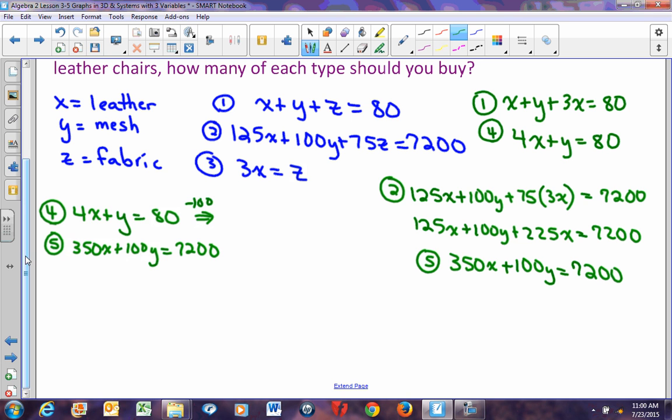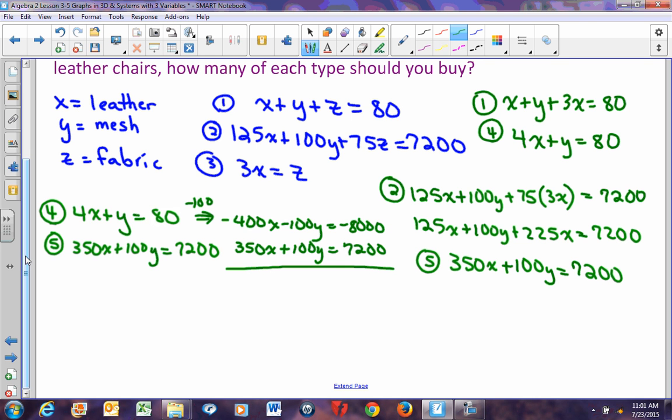That would give me negative 400x minus 100y equals negative 8,000. And then I have 350x plus 100y equals 7,200. So, negative 50x equals negative 800, which means x equals 16.